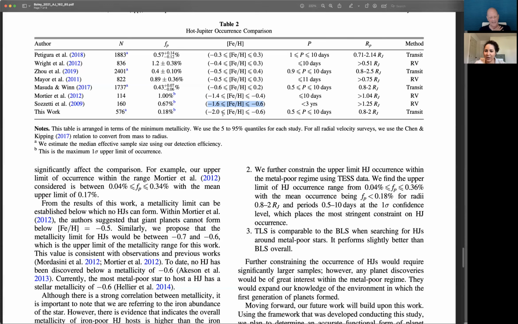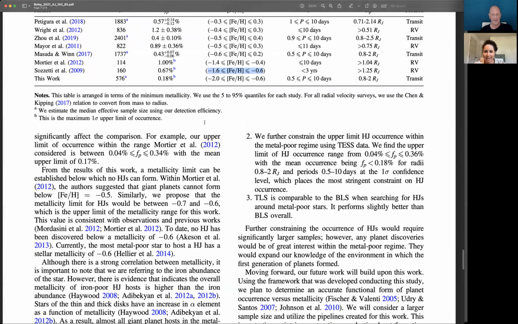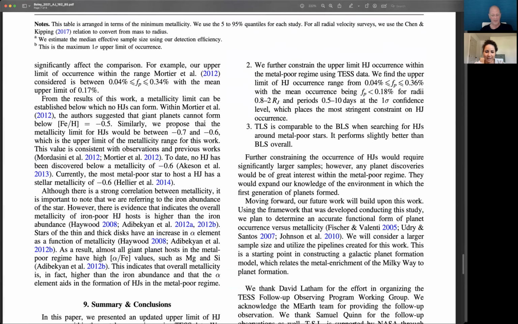I feel like only at this point are we starting to really get these stellar abundances to really be able to say something about planet populations. Because before we only had metallicities, and it's really interesting now to see how the field is progressing.